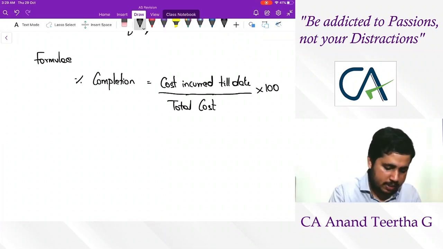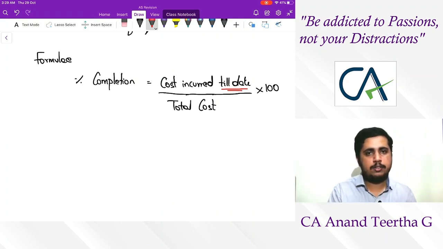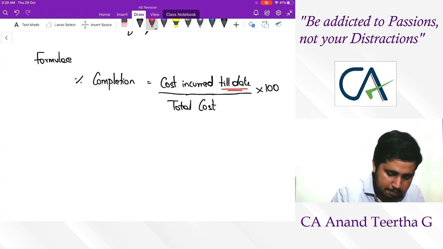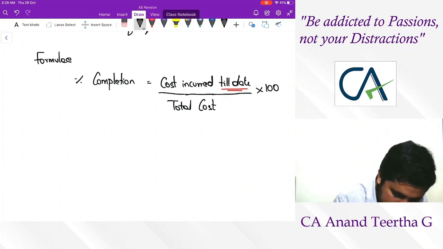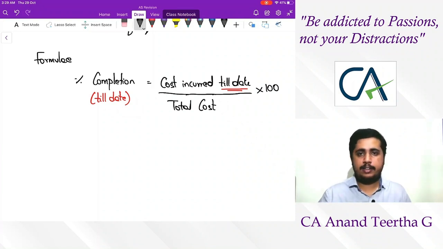But try to understand this. I will highlight it now. Cost incurred till date divided by total cost, which means even percentage completion will also be till date. Why am I saying this? Very simple. I started my contract in year 1 and the total term is 3 years.